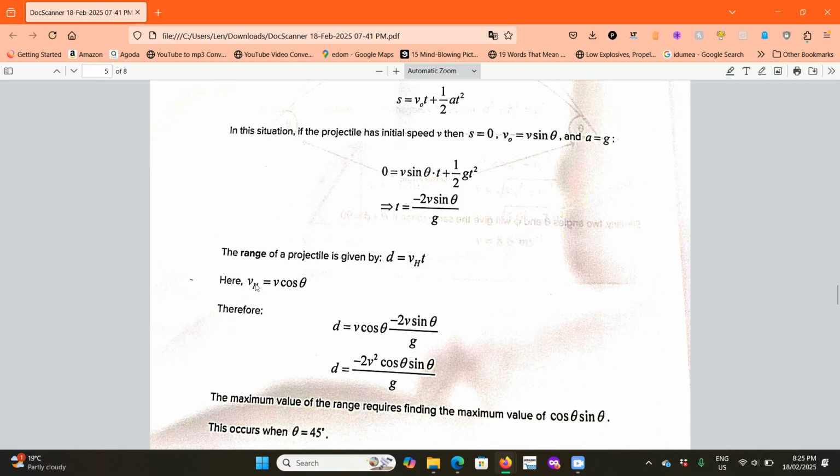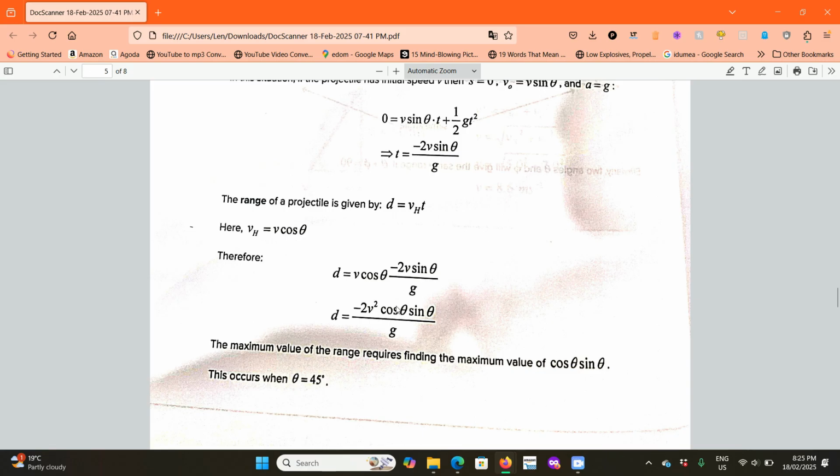So you know that VH is V cos theta. You have your D equals V cos theta times t. So D is range. D is V cos theta because you're subbing in this for VH, and then you're subbing in t in this formula with this from up here. You get this, which is starting to look a lot like specialist trig proof.